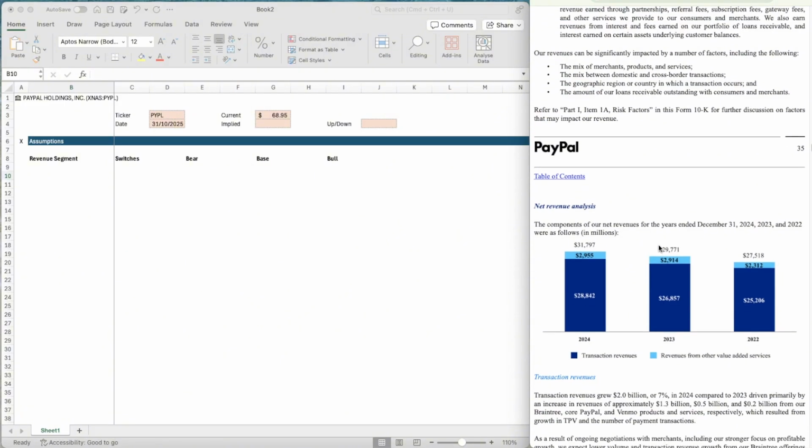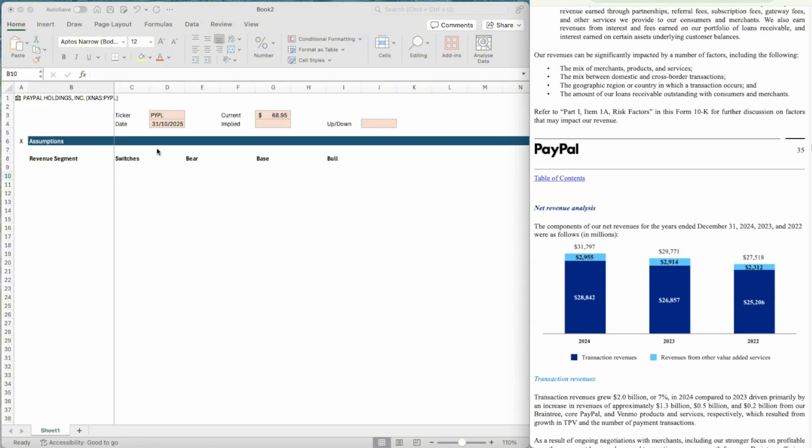So it's in those two segments. Obviously, transaction revenue is significantly higher than the other one. For 23 and 24, the revenues from other was fairly stable.